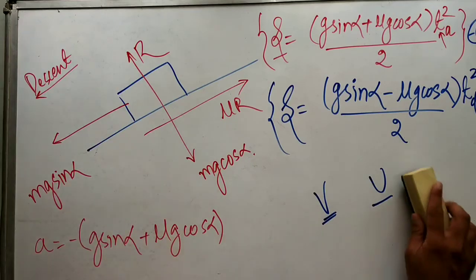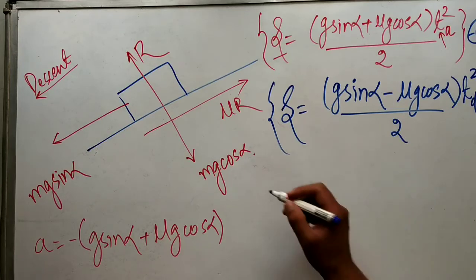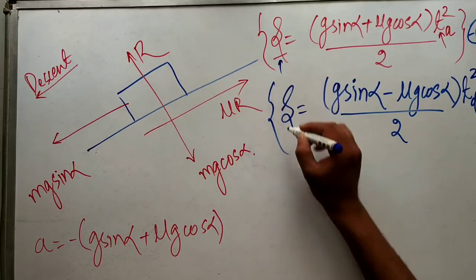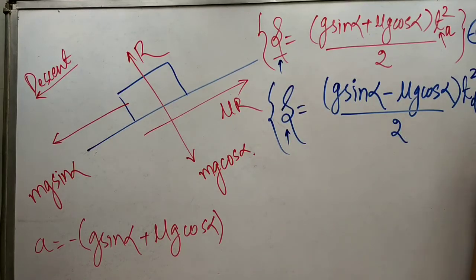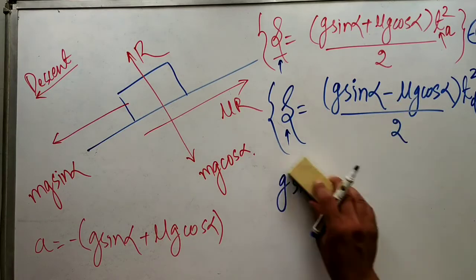So we'll simply divide these two equations. Why am I dividing these two? Because s, the distance traveled at the time of descent and ascent, is the same.